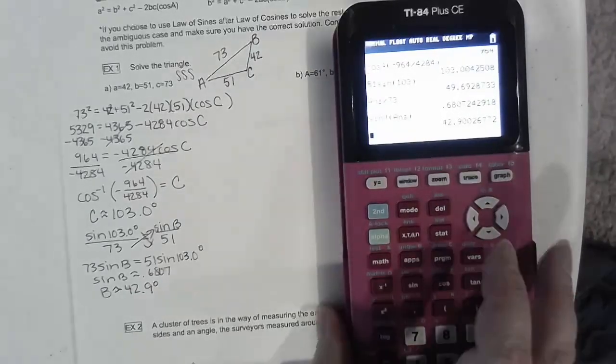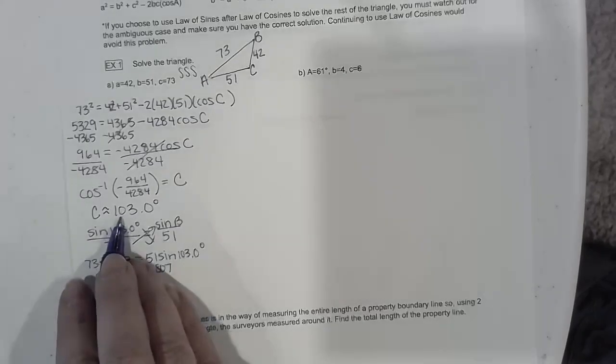Now, here is where I said if you're going to switch over to law of sines, you need to make sure that you remember to check because of the ambiguous case that sometimes it could be the other triangle rather than this triangle. But if I do 180 minus 42.9, that together with angle C is too big.